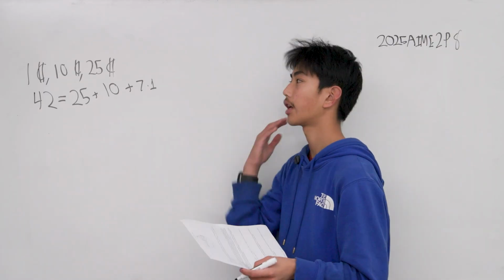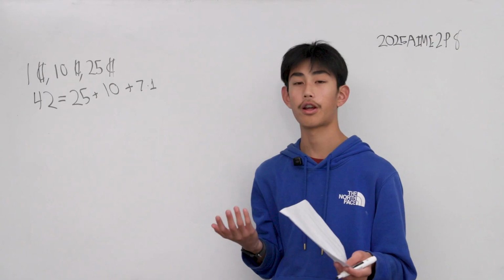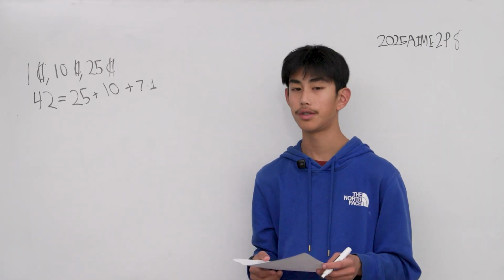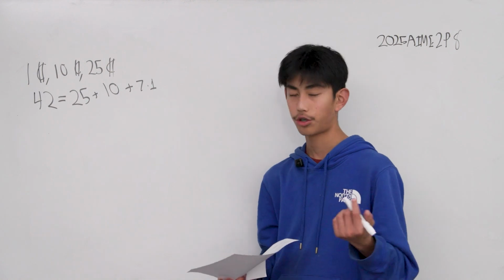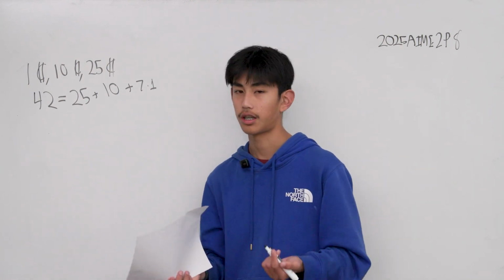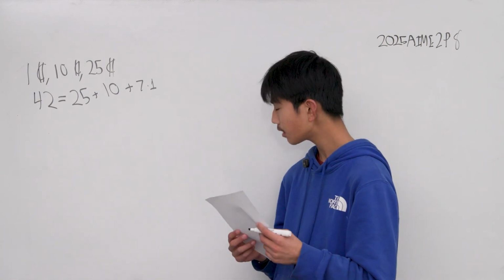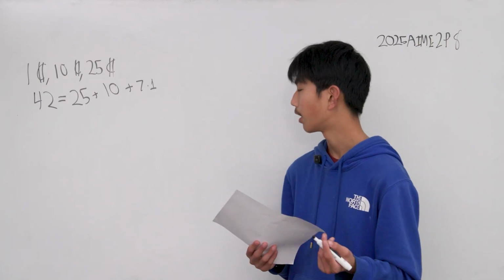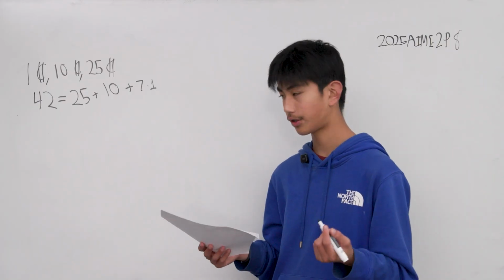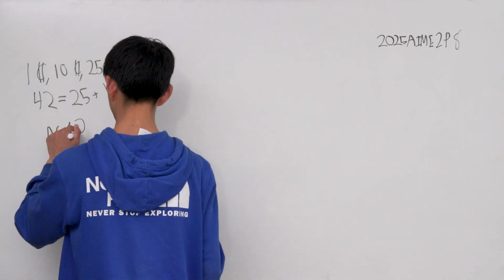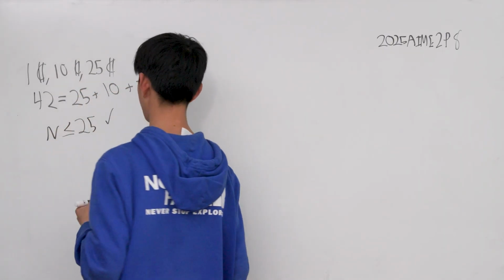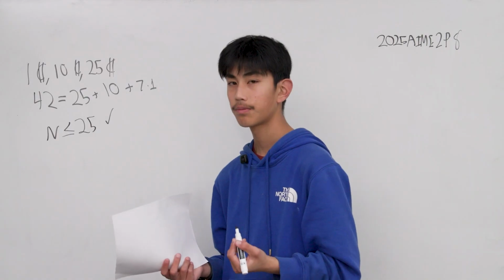And again, what we're going to do is try to find a pattern and see if there is a noticeable pattern, and there should be usually in these problems. So what we can do, we first note that if the sum n is less than or equal to 25, the greedy algorithm automatically succeeds.